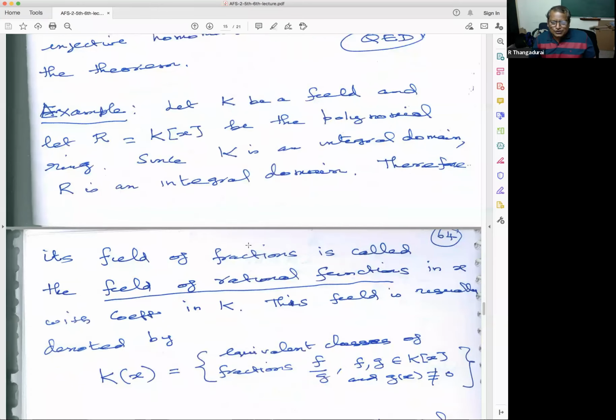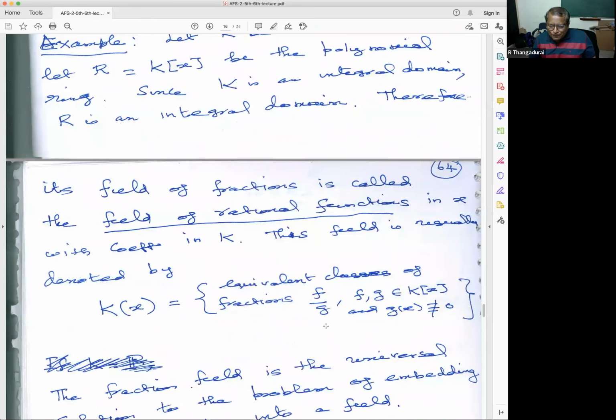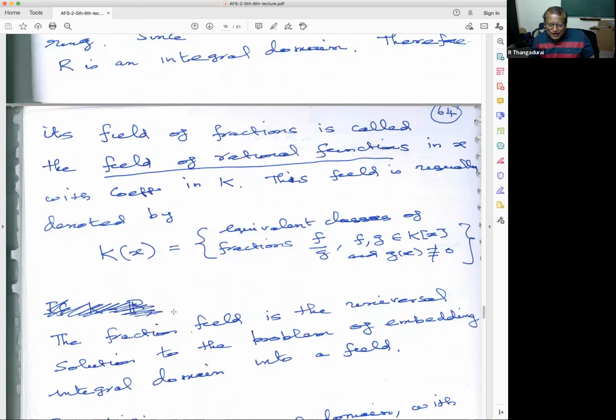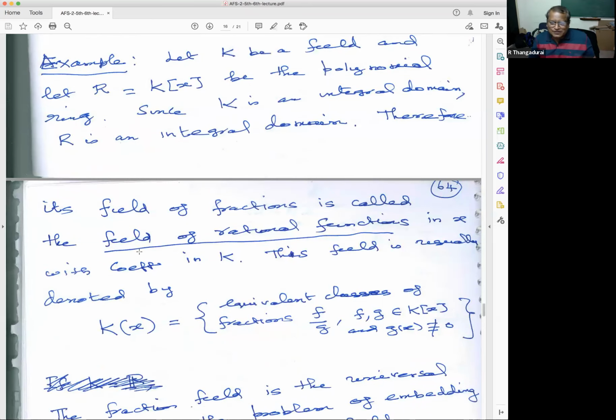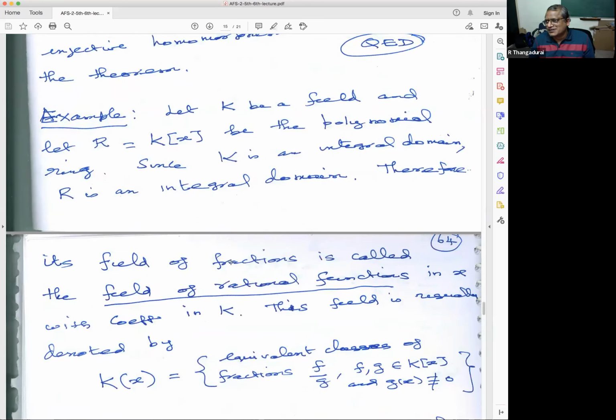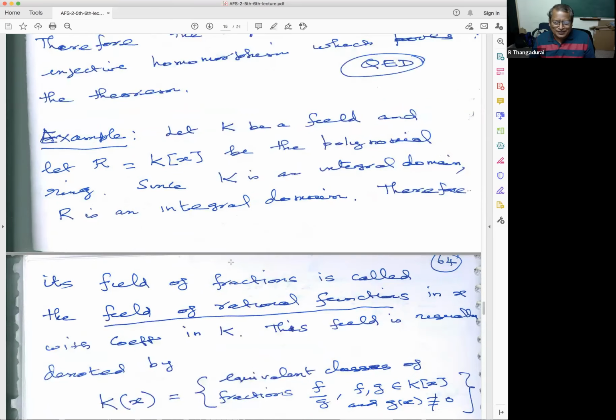These are equivalence classes of fractions f by g. This is the fraction field. It is called the field of rational functions with coefficients in the field K.